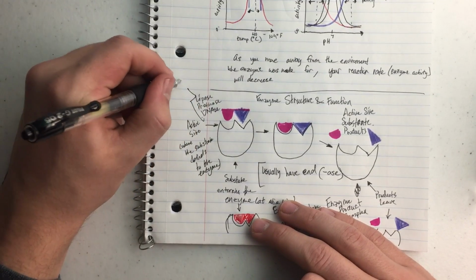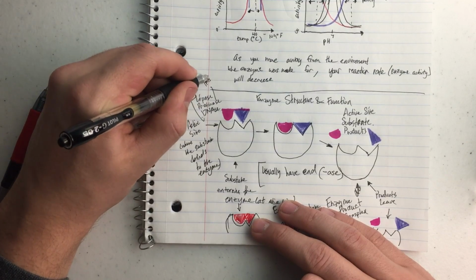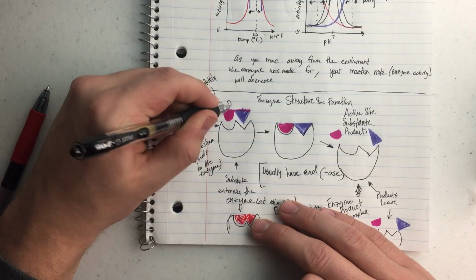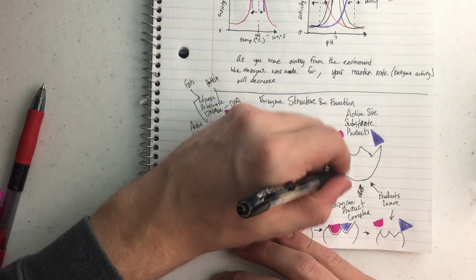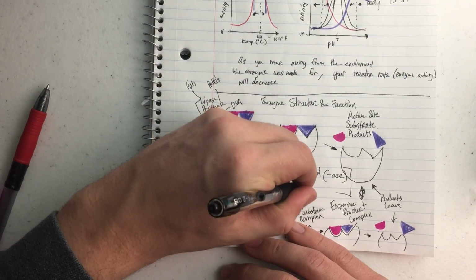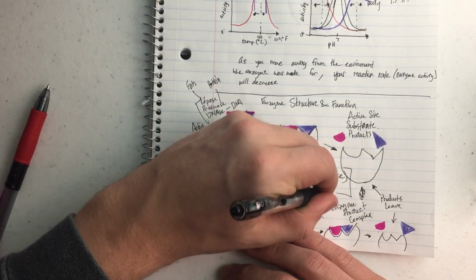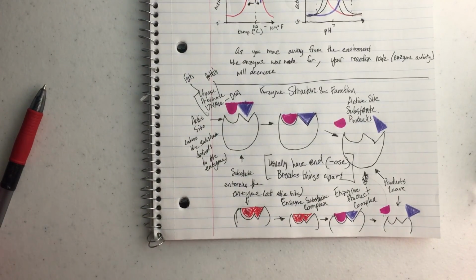And so it corresponds to that. It's going to be fats. It breaks down fats. It breaks down protein. This breaks down DNA. Different things like that. And it breaks things apart to lower the activation energy. So that's kind of the ins and outs of how an enzyme works.